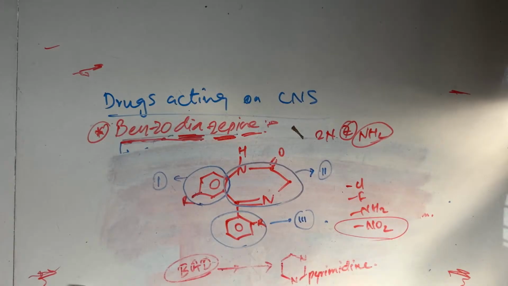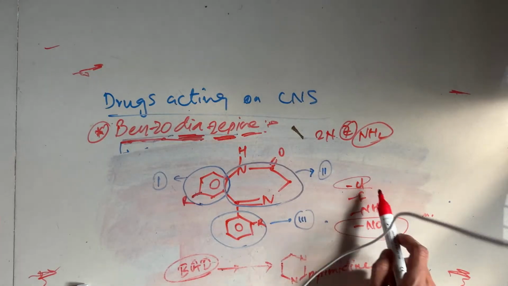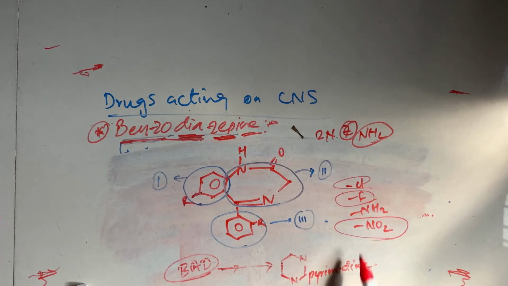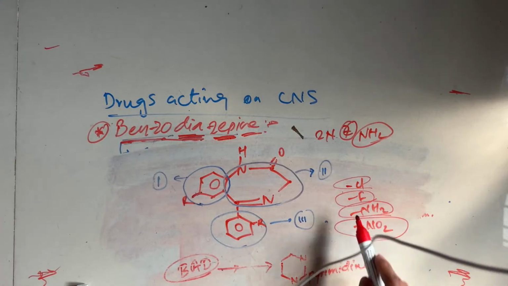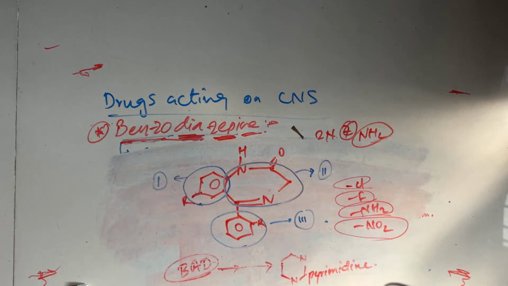Because that NO2 will show minus M effect, that is negative mesomeric effect, whereas chlorine, fluorine will show minus I effect, and minus M effect is always stronger than the minus I effect, and NH2 will be having plus M effect, that is positive mesomeric effect. Okay, so answer is NO2.